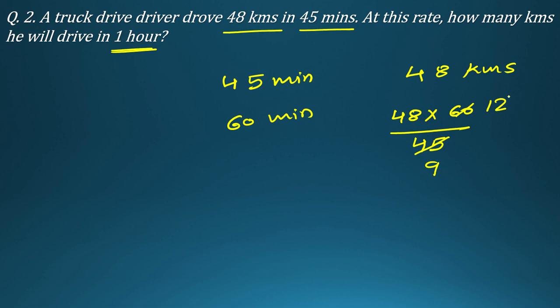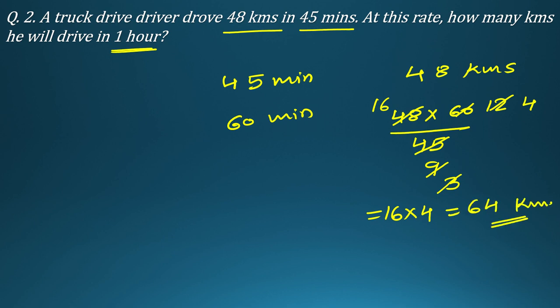So what can we do here? 12 can be divided by 3, it will be 4. 9 can be divided by 3, it will be 3. Now 4 cannot be divided by 3 or by any other number, but 48 can be divided by 3. So 48 divided by 3 will be equal to 16. So finally what did we get here? 16 times 4 means 64 kilometers.